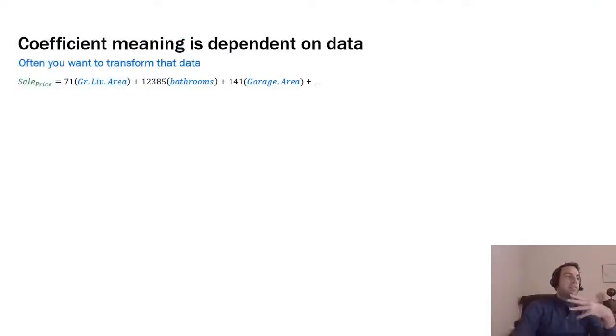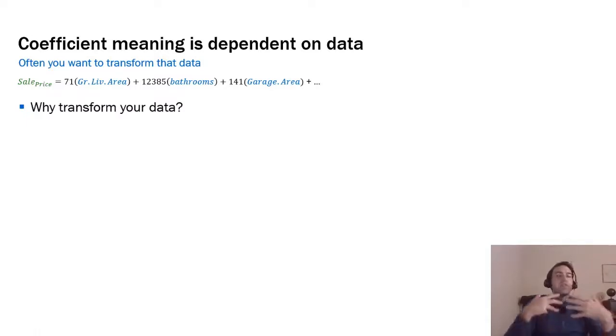First, let's discuss coefficient meaning and how that can change depending on the transformations that you do on your underlying data. There's a variety of reasons you may want to transform your data. One, and the most important reason I think, is just to get a better model fit. You want to capture whatever pattern exists, and sometimes transformations can help you to better capture the relationship between, in this case, your sale price and the other underlying input variables.